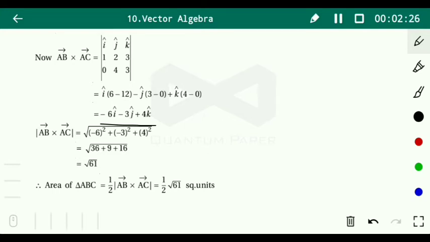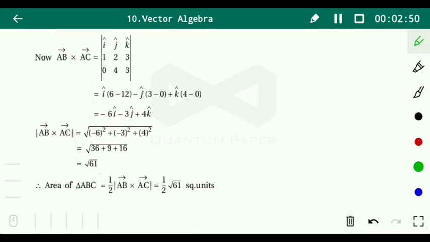How to find? See, i: 2 3s are 6 minus 4 3s are 12. Then j bracket, minus j bracket: 1 3s are 3 minus 0, and k bracket: 1 4s are 4 minus 0. So we get minus 6i minus 3j plus 4k. Now find out the magnitude of vector AB cross AC.